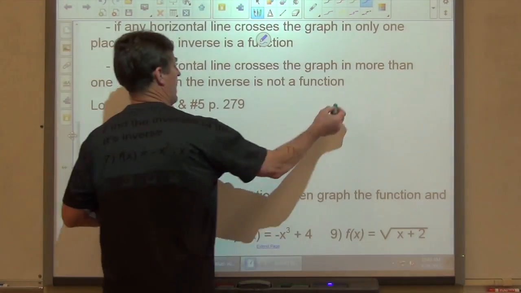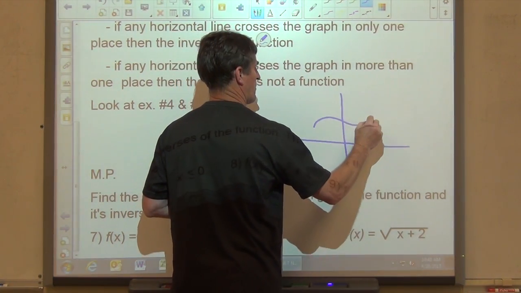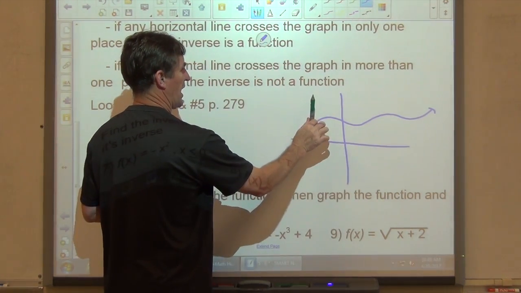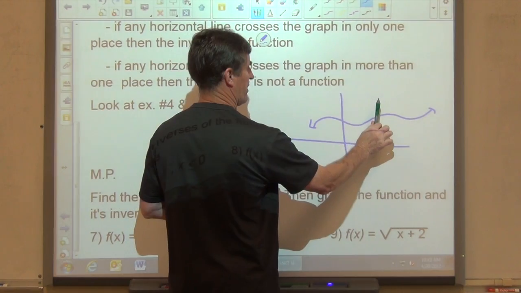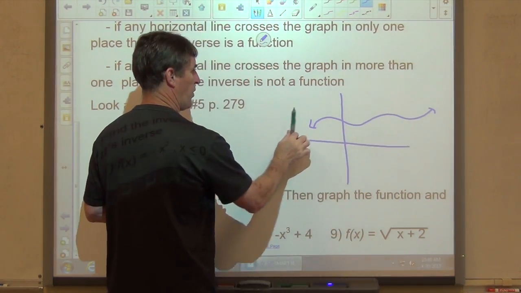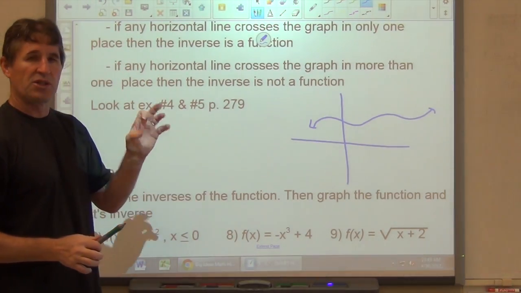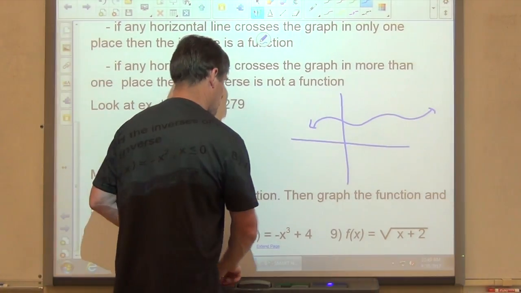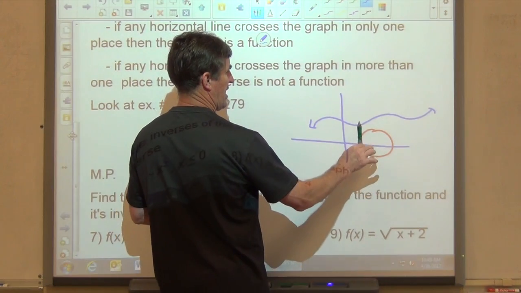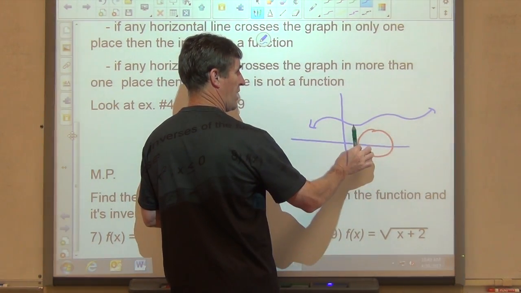If I have a graph and I do a vertical line test anywhere along here, as long as I only cross the graph in one place, then it's a function. Where it's not a function, if you remember, is if you get two values in the same point. So like a circle is not a function because I will cross the graph at more than one place with a vertical line.